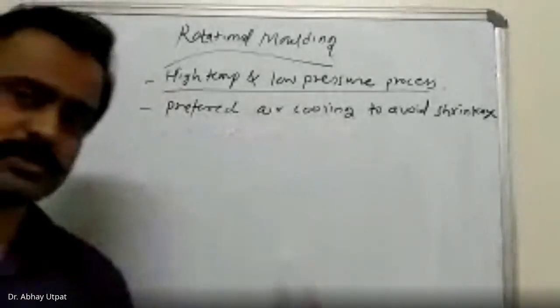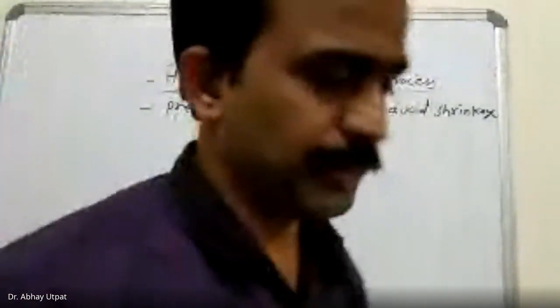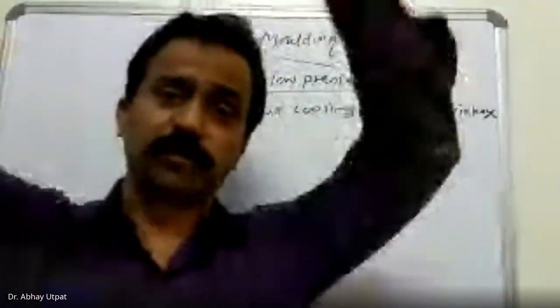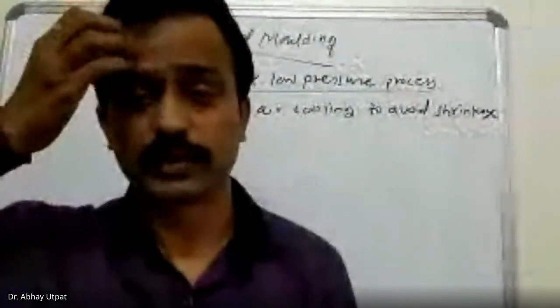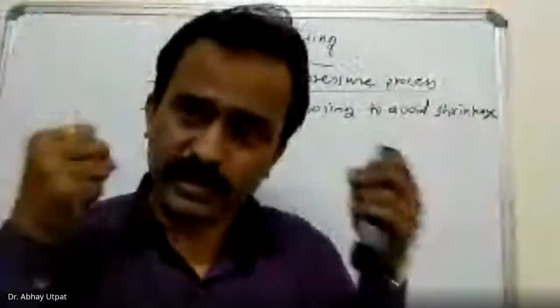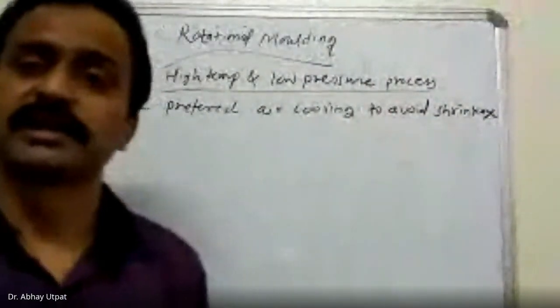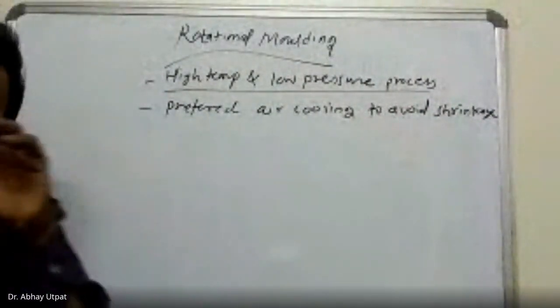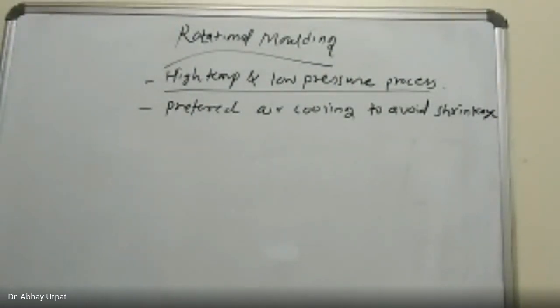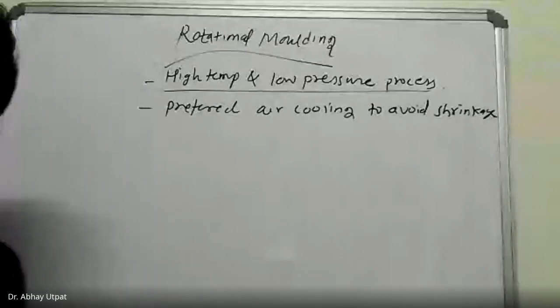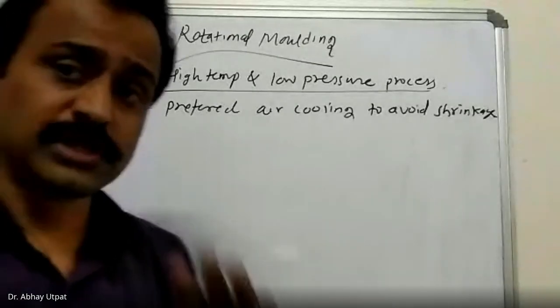Once cooling is over, I have to withdraw the product. You have seen that a big tank metallic mold was there, and the water tank is removed just by pulling out. How easily it is pulled out. Why didn't it stick to the wall of the mold? It is interesting. And you have seen there is a good surface finish on the outside.